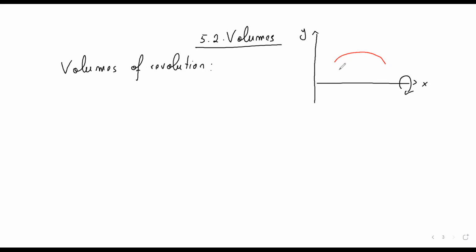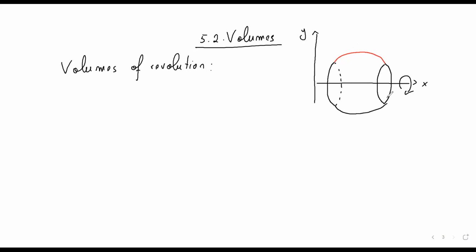So if you spin this, sort of arc of a circle above the x-axis, then you will get something like this. You will get something that looks like a barrel, right? So you will get this sort of shape here.